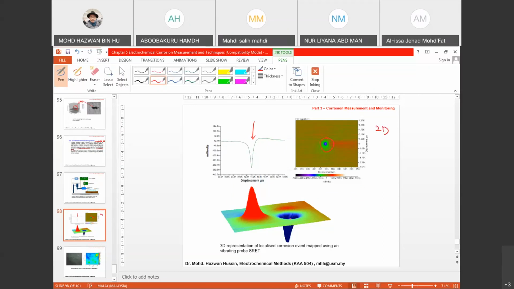And when you translate this into three dimensions, it means that you have current density, you have potential, and at the same time you have distance, the distance between the top layer surface and the bottom of the pits. So this actually will give you a three-dimensional image.